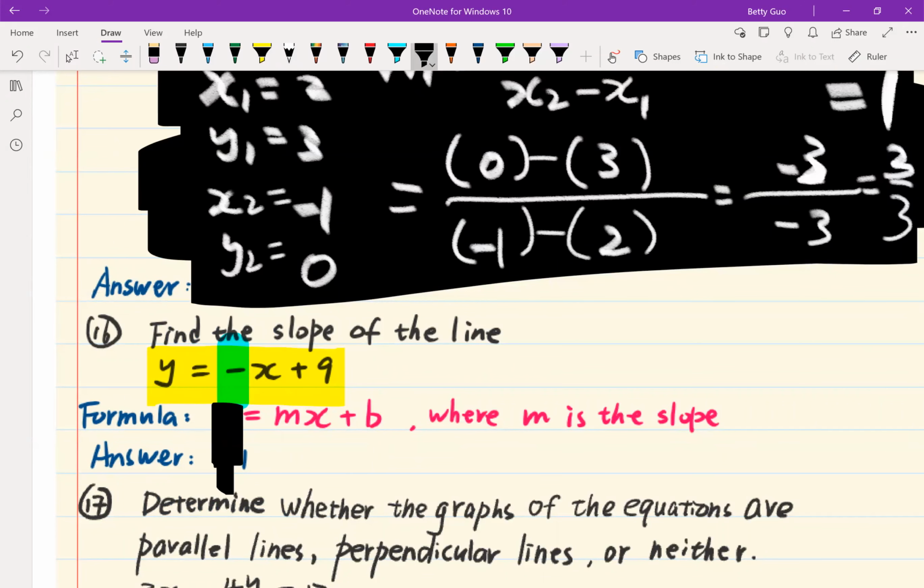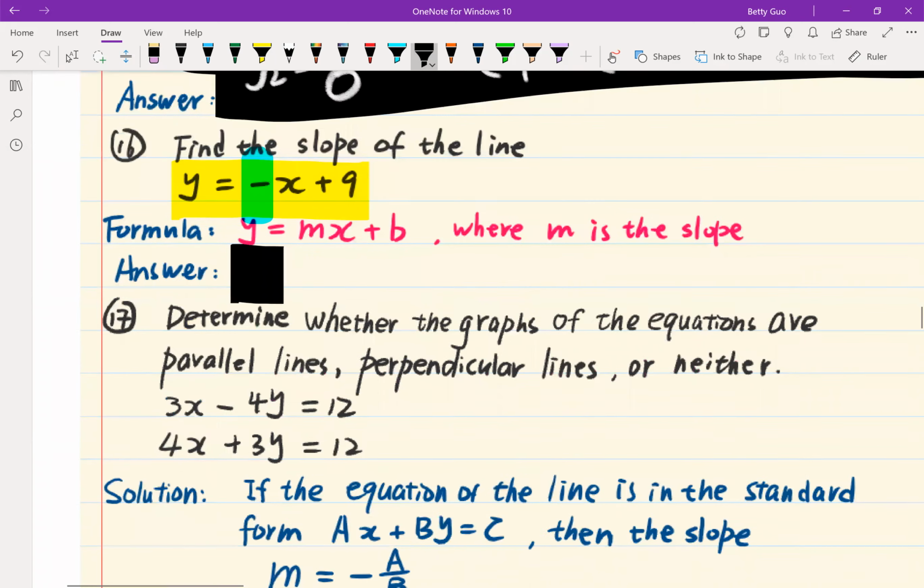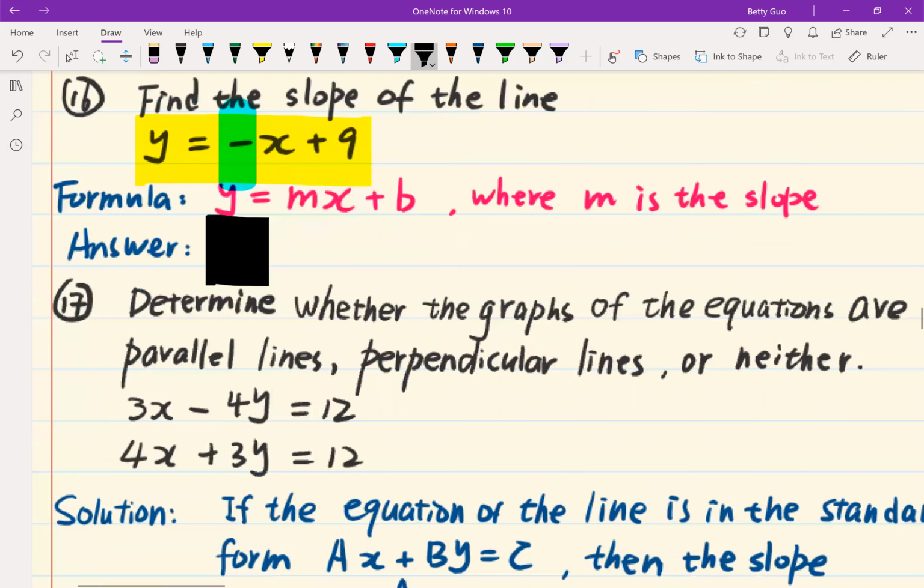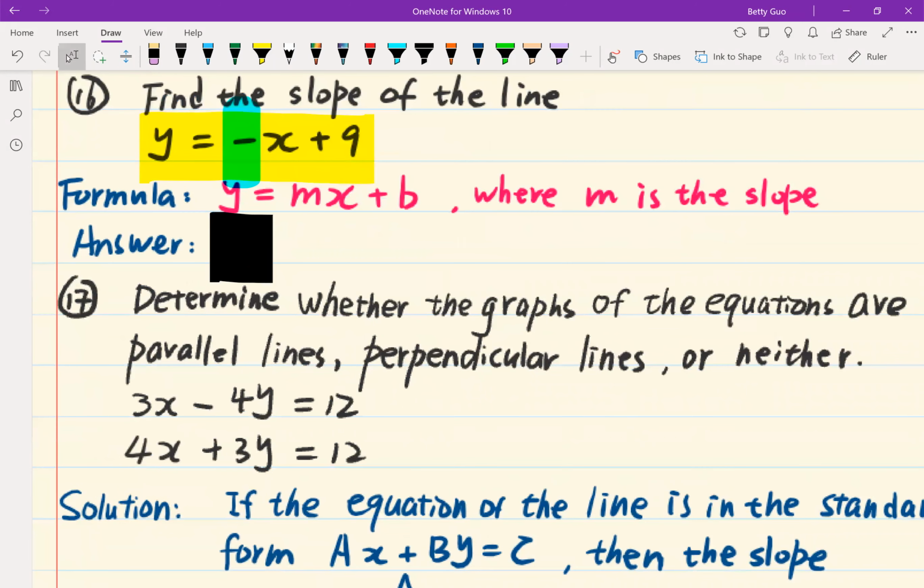Number 16 is easy. You need to find the slope of the given line. The line is y equals -x plus 9. What form is the equation in?